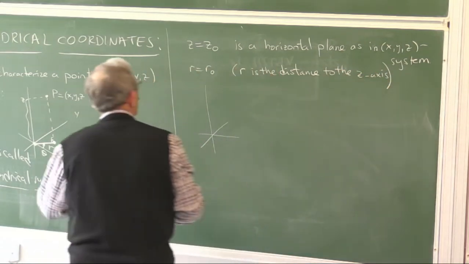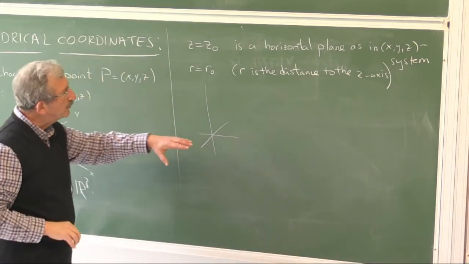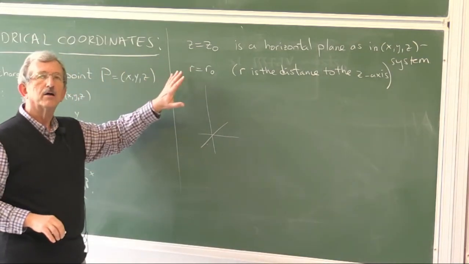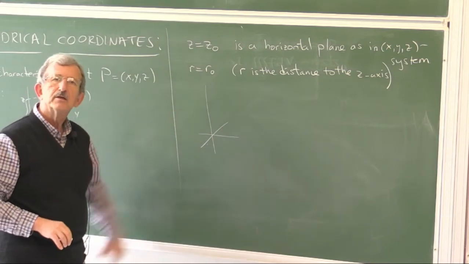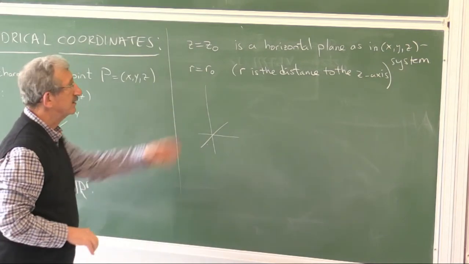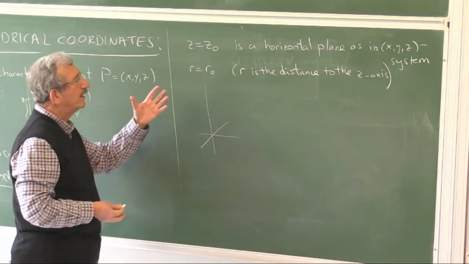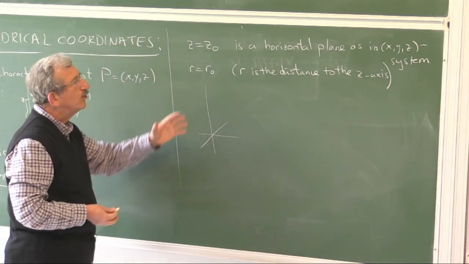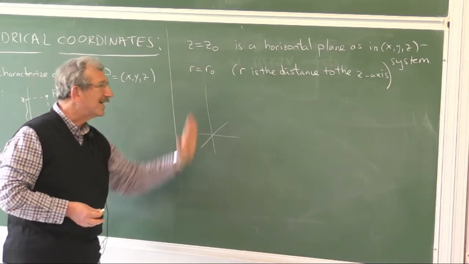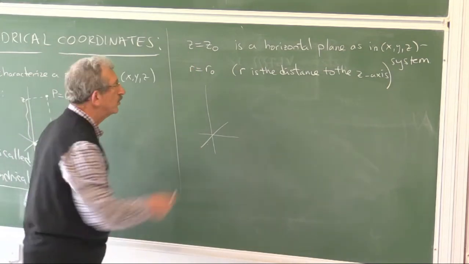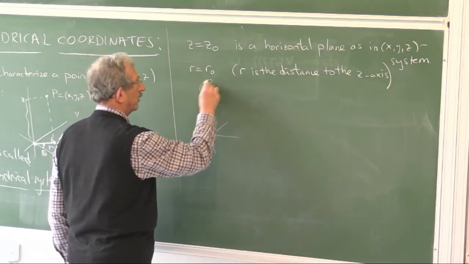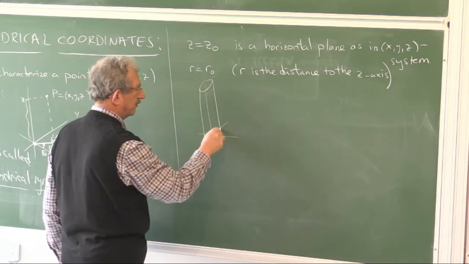Or, when you project it on the xy plane, it's the usual polar R. So if we consider all points whose distance to the z-axis is constant, certainly we end up with a cylinder.